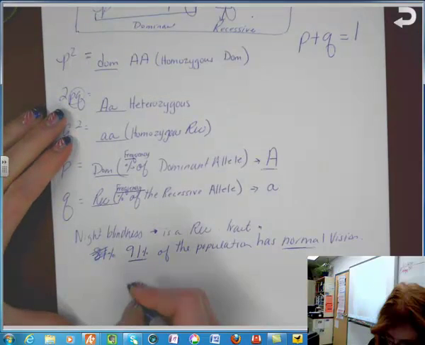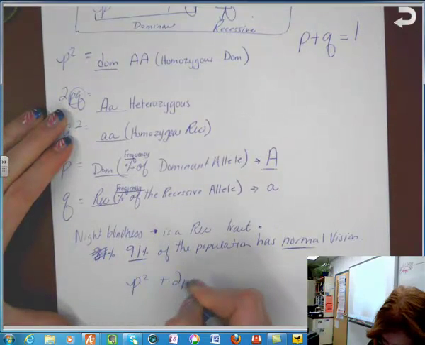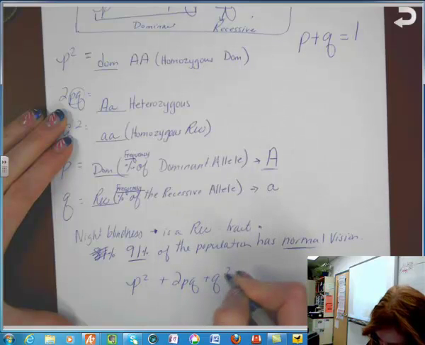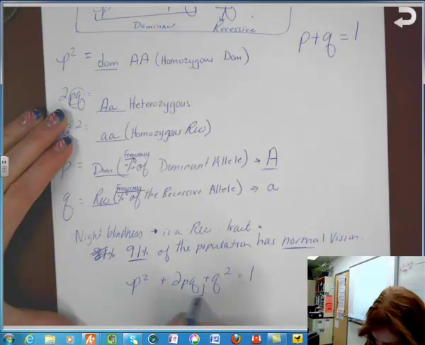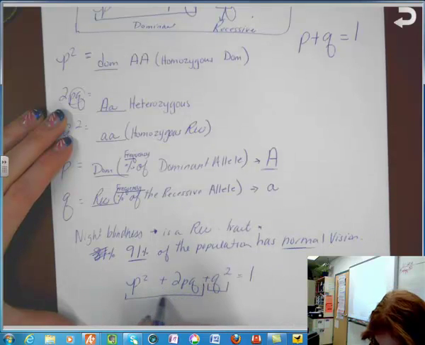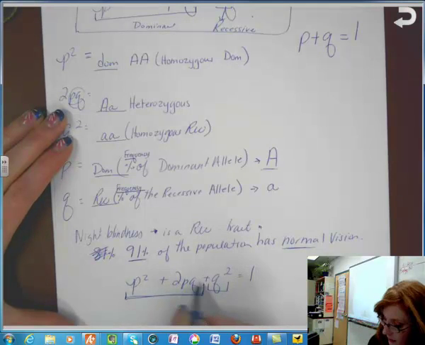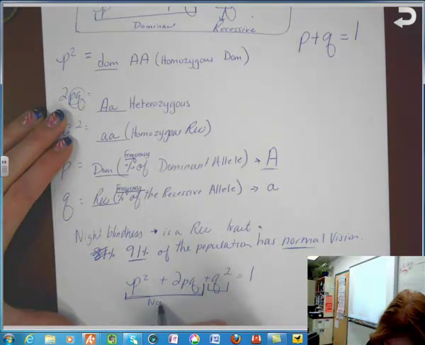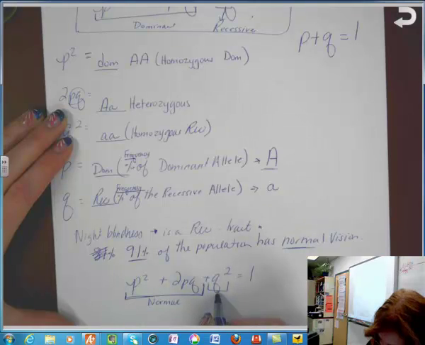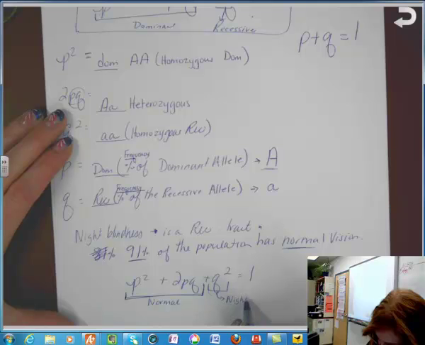So if we were to write p squared plus 2pq plus q squared equals 1, this part, according to this question, are these people going to be normal or have night blindness? Okay, so these are going to be normal because they're dominant. And if you have this part here, then you would have the night blindness.